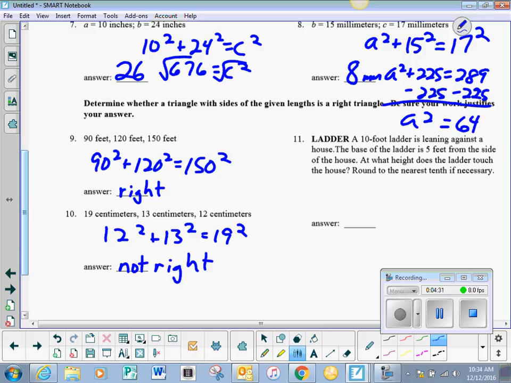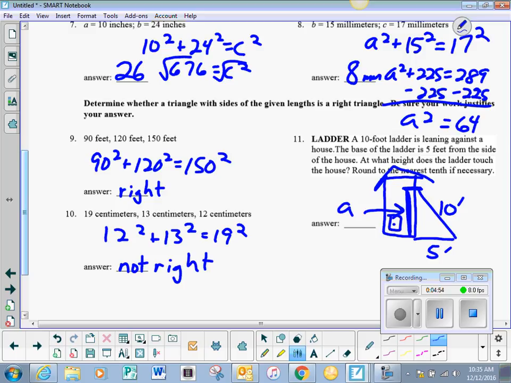Okay? A 10-foot ladder is leaning against a house. So here's my house. A 10-foot ladder is leaning against the house. It's 5 feet from the side of the house. Where is it touching the house? How high is this right here?